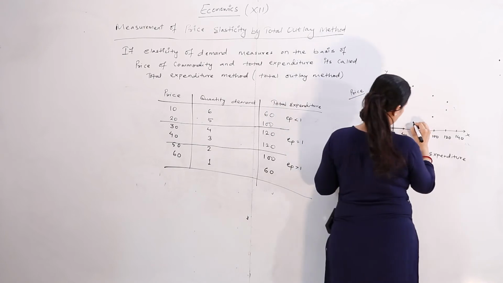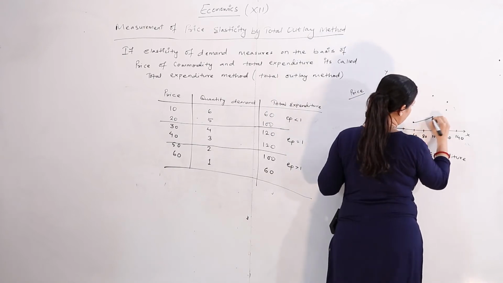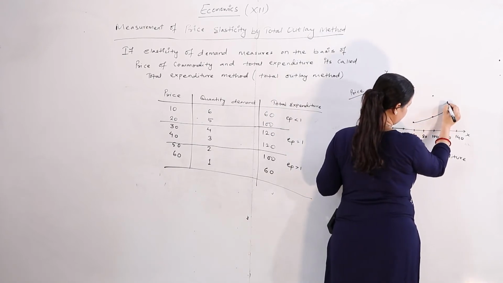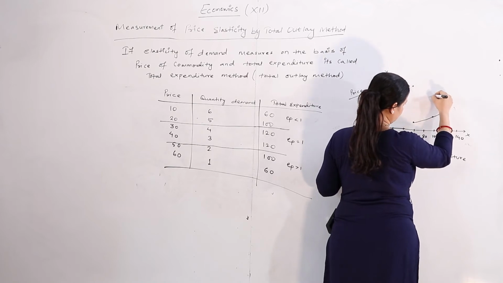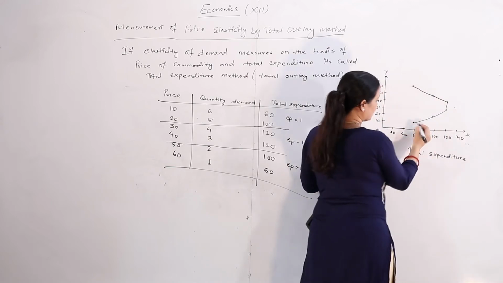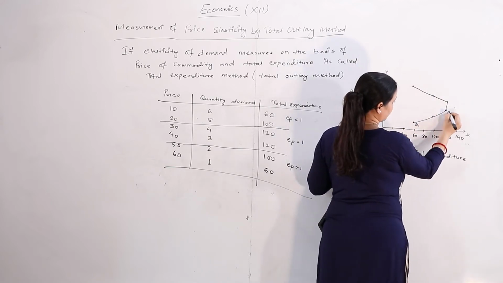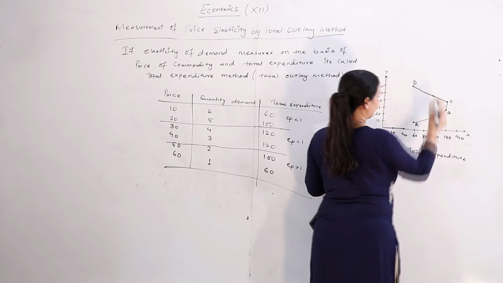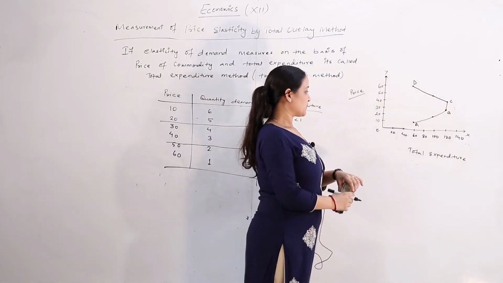Now we join all the points, A, B, C, and D. Now we explain the given curve.